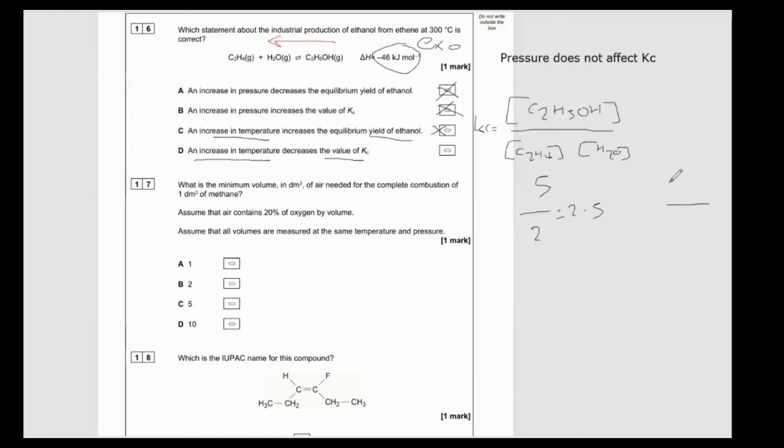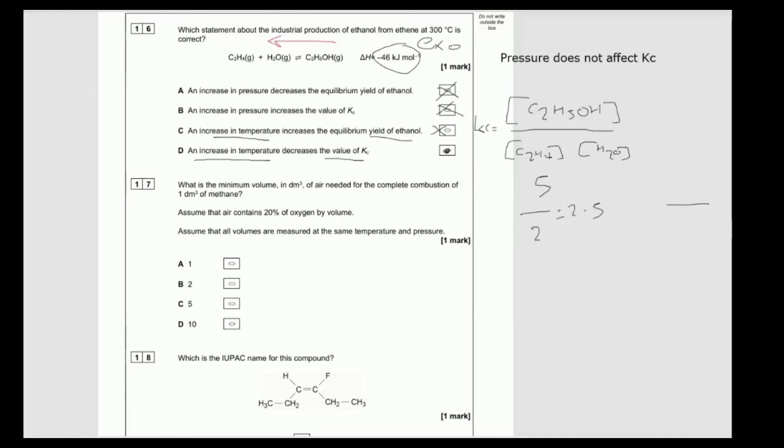Imagine you were 5/2, but now you're 5/5, say. So you're going to get a smaller Kc. Instead of being 2.5, Kc is going to go to 1. We're doing products over reactants. And in this situation, if you increase the temperature, you're increasing the reactants at the bottom of your division calculation there. And so that's going to reduce the value of Kc.